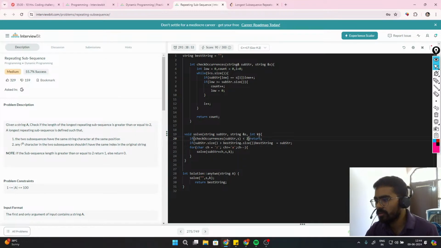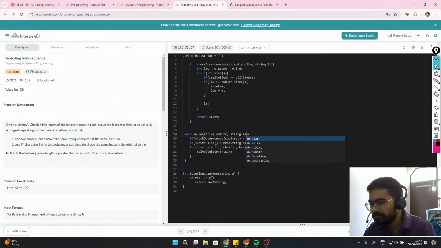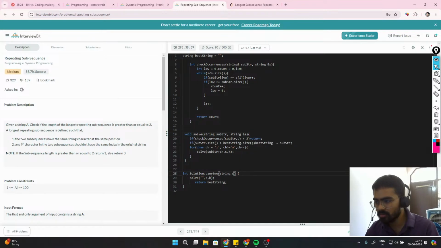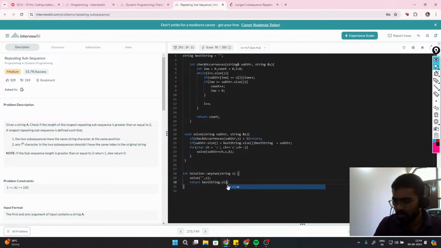My k is something like this. I won't be passing k here also. Let's keep this as s. Don't pass k. Now return base string dot size is greater than 2. If this is the case, then return 1, else return 0.